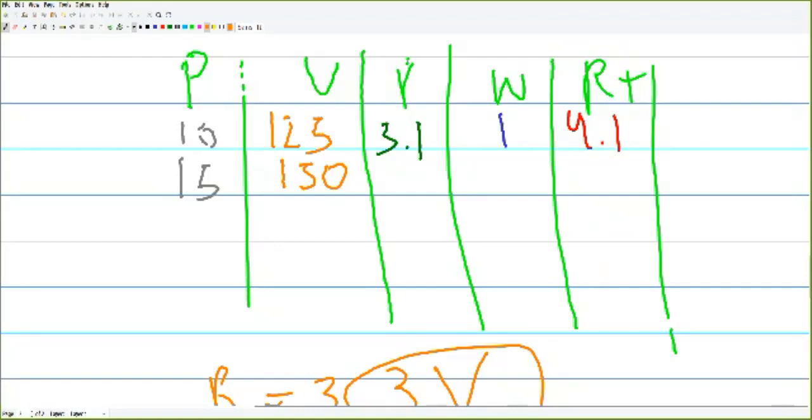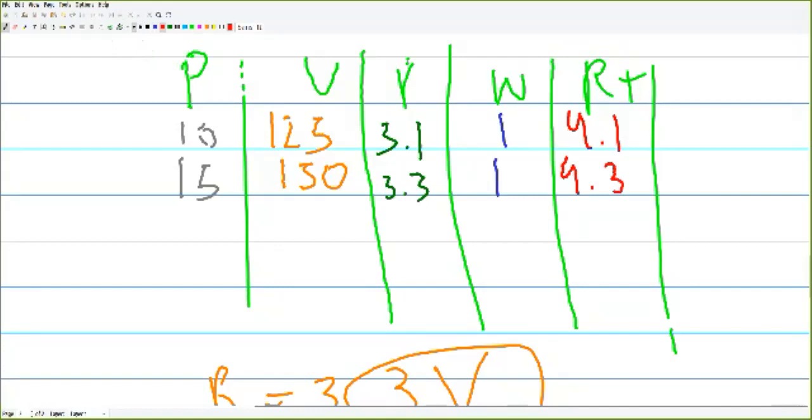That's 3.3, right? So we raised it 0.2 centimeters. Our wall thickness continues the same, right? And the total is 3.3 plus 1, which is 4.3.